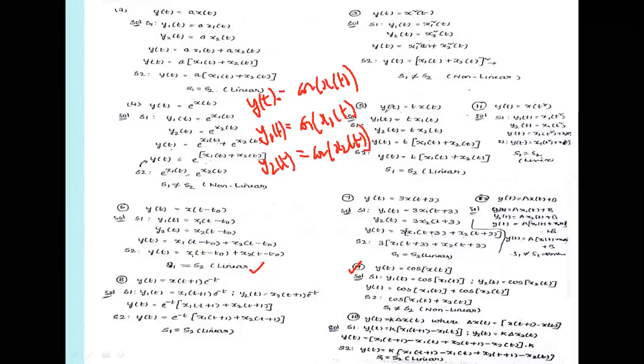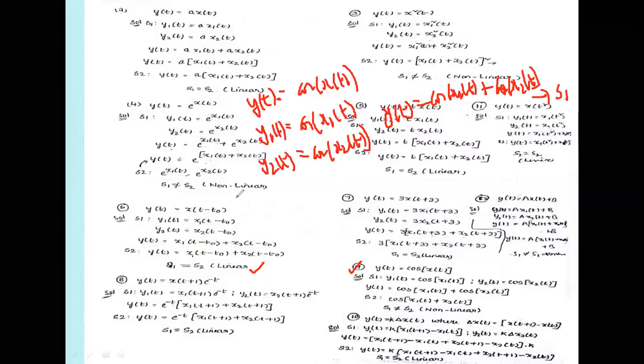Okay, so the individual signals are passed to the system. Then afterwards we can add the signals. That is y of t is equal to y1 and y2, cos of x1 of t plus cos of x2 of t. Let this one be S1.